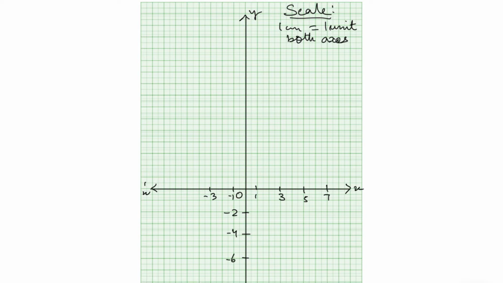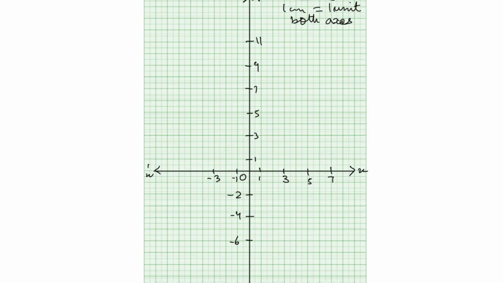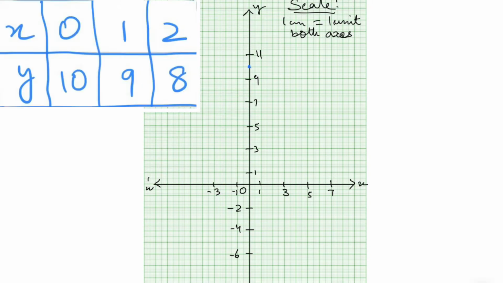This side I have 1, 3, 5, 7, 9, 11, and so on. Let's mark the coordinates for the first line now. So we have 0 and 10, this would be this point.